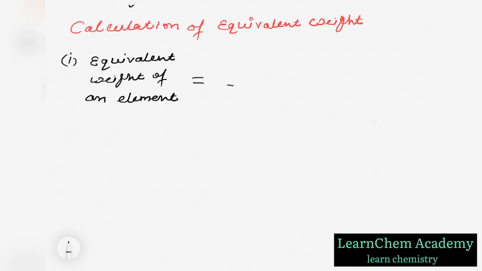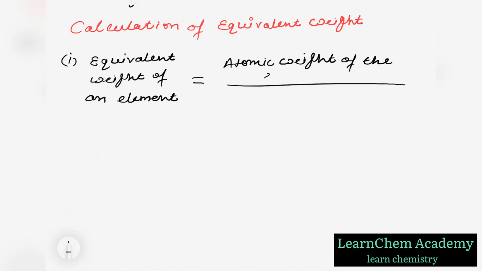So we can write: equivalent weight of an element equals atomic weight of the element upon valency of the element.